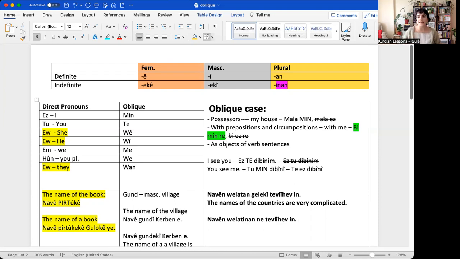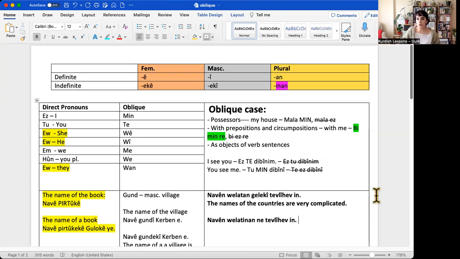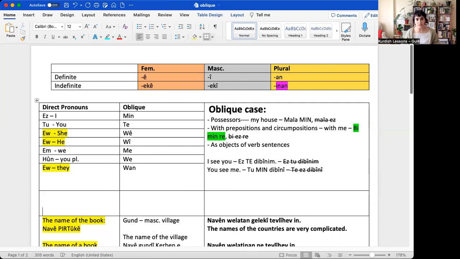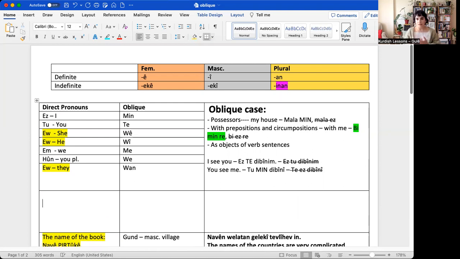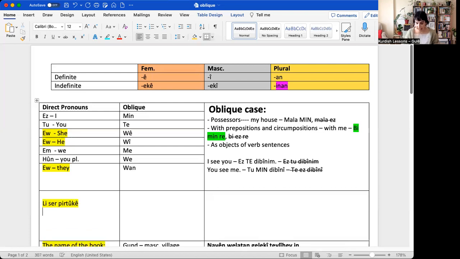And I said with prepositions, you use the oblique form again. For example, let's have a look at the word pertûk. It's feminine. So you can say li ser pertûkê, on the book.